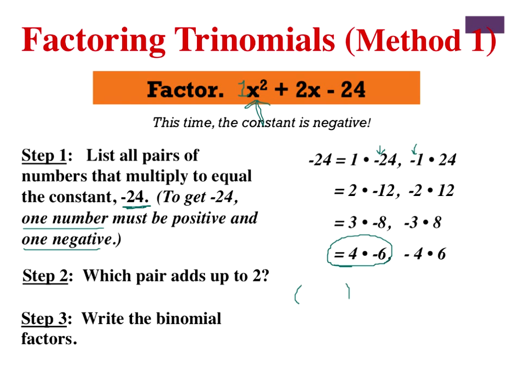And we know that we are looking at x squared, and we're putting this into some sort of binomial. So x squared would give us x times x. But we're multiplying to a negative 24, adding to a positive 2.